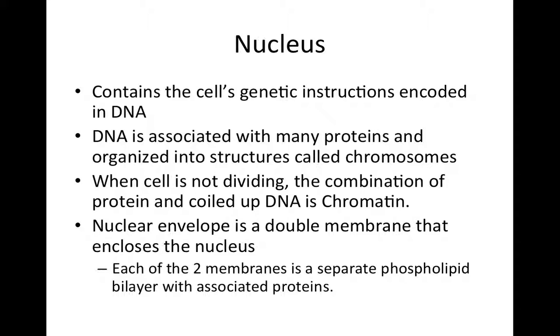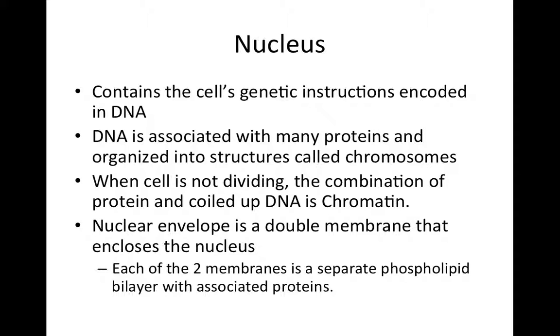It's a double helix. DNA is associated with many proteins and organized into structures called chromosomes. So remember, when the cell is not dividing and the cell is intact, it's at rest, whatever the case may be, the DNA is housed in the nucleus and it's wrapped around proteins.